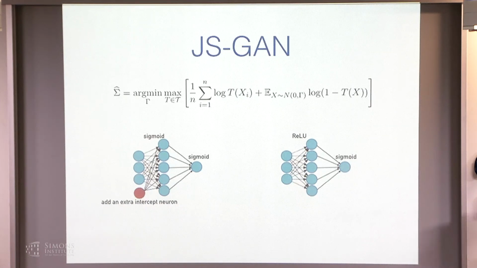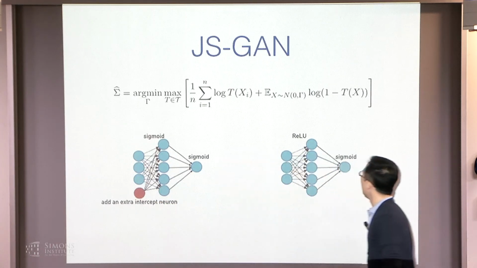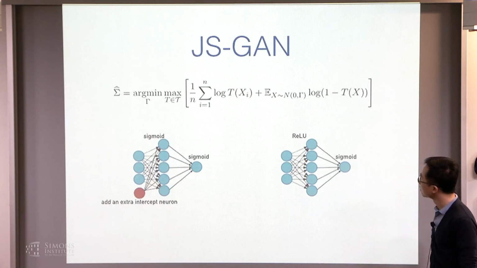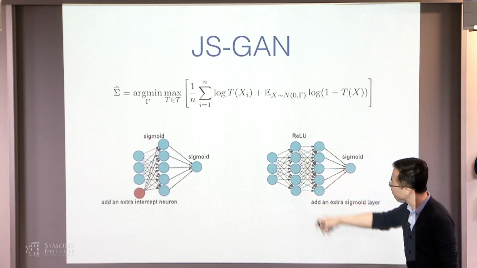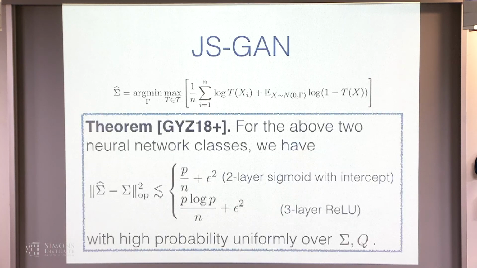It's not essential, but here it is fundamental. It will determine whether things work or not. And if you want to use a ReLU activation function, what you can modify is to add an extra hidden layer in front of it, then it will work. So this 3-layer structure also works for covariance matrix estimation.